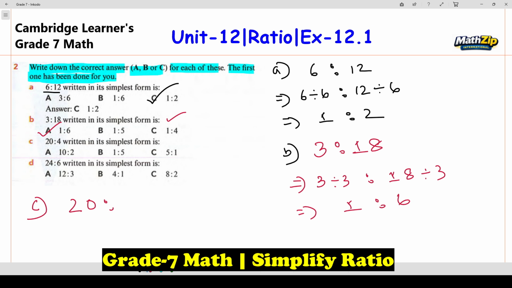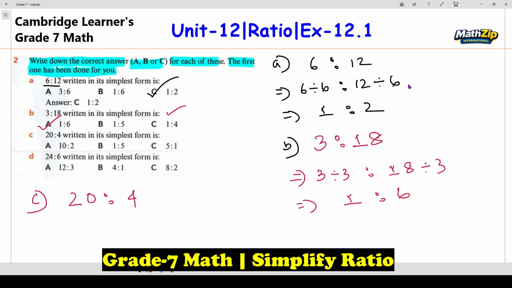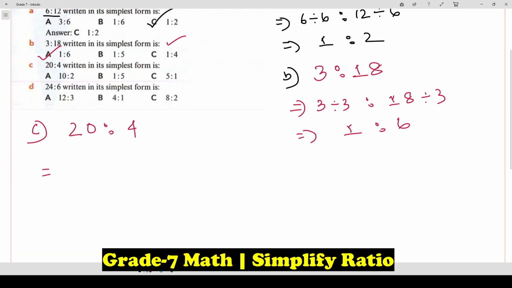20 is to 4. What is the simplest form? If you have problem to divide, you can also do it this way, 20 by 4. We can divide this one by 2. So here is 10, here is 2. Again we can divide by 2. Here is 5, here is 1.